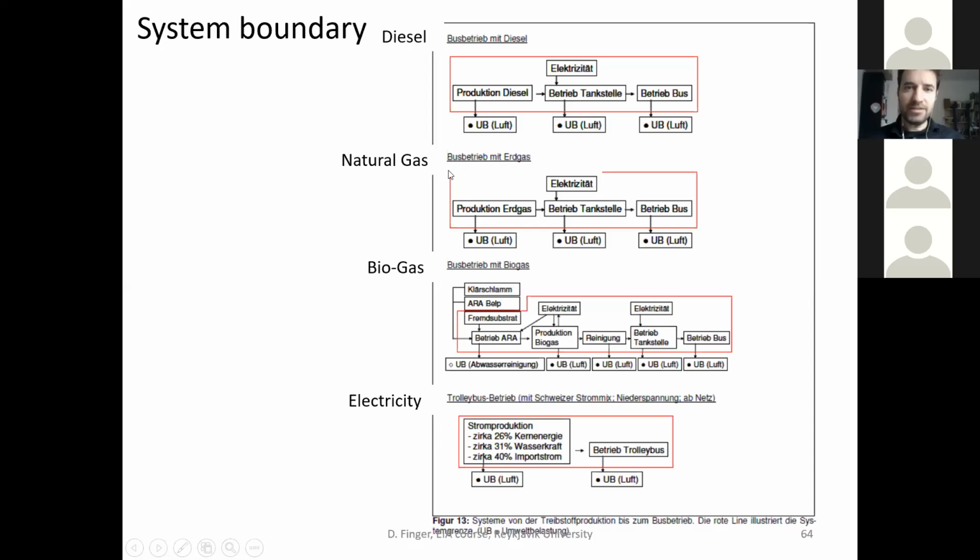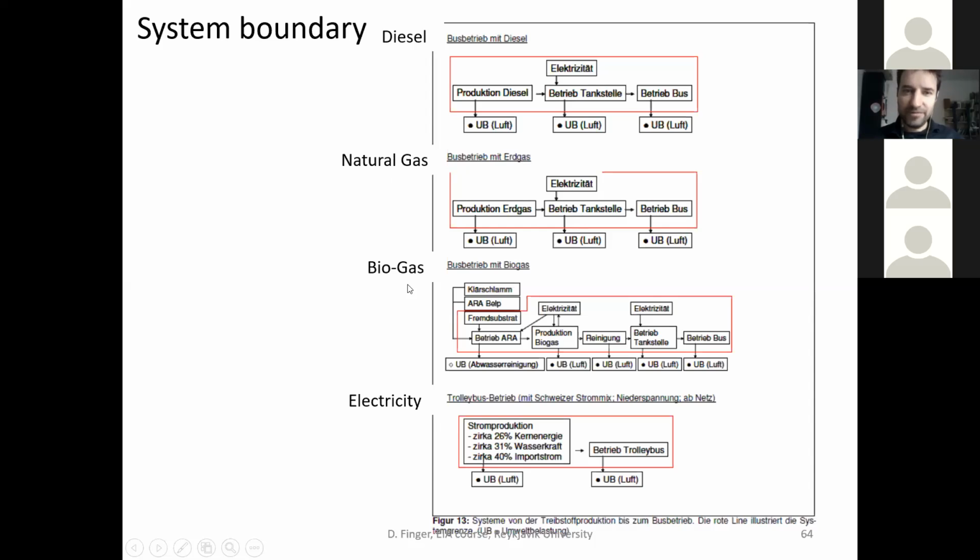For natural gas, of course, the system boundary had to be similar in order that it's comparable. So the production of the natural gas was taken into account, the electricity to run the gas station, and then the operation of the natural gas buses.